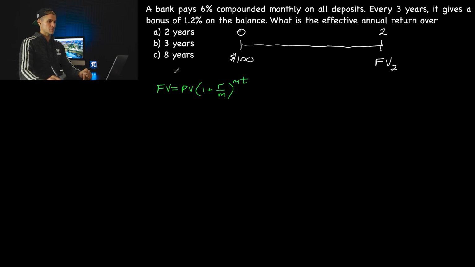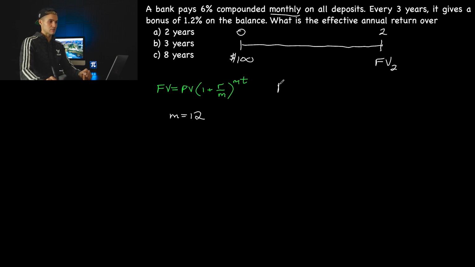Now with compound interest, if you remember, this is the future value formula here. This M represents the number of compounding periods in 1 year, and T represents the number of years. Because this 6% is compounded monthly, our M value is going to be 12. There are 12 compounding periods in a year.